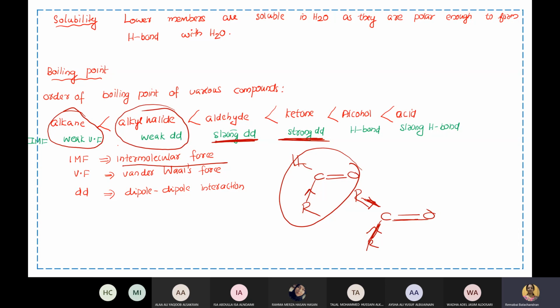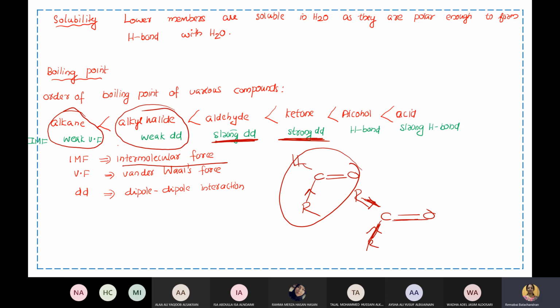But when it comes to alcohol, alcohol has hydrogen bond. The intermolecular force is strong hydrogen bond. So the boiling point of alcohol is higher than that of ketone. And the acids have the highest intermolecular force. It's extremely strong hydrogen bond. This part, in the next lesson I will explain about the acid. So this is the order of intermolecular force.